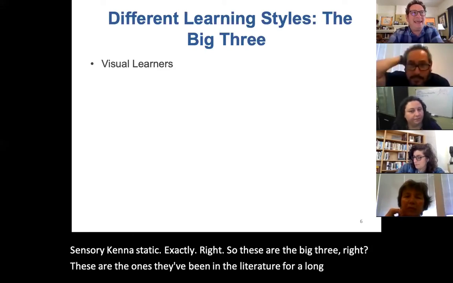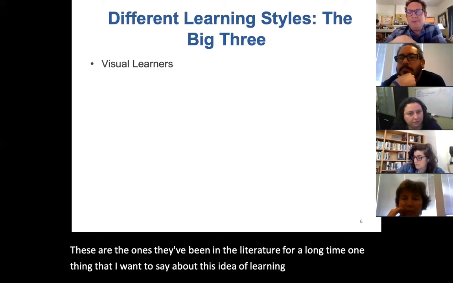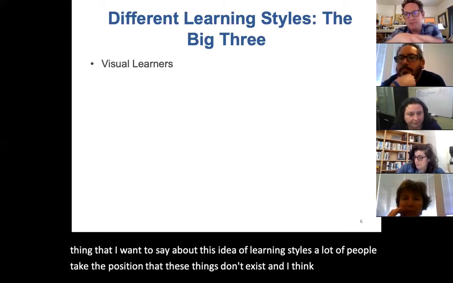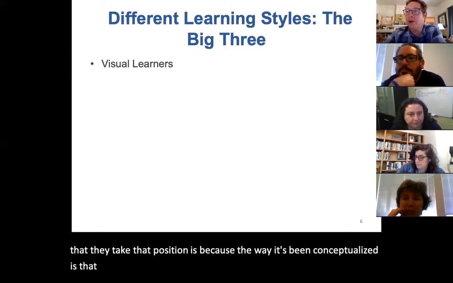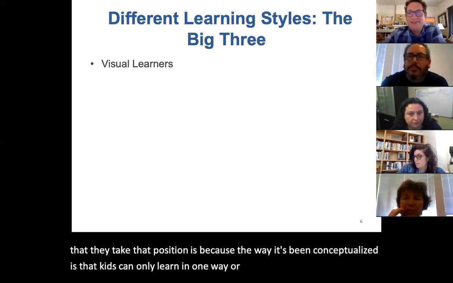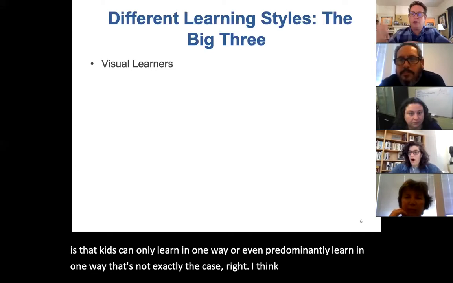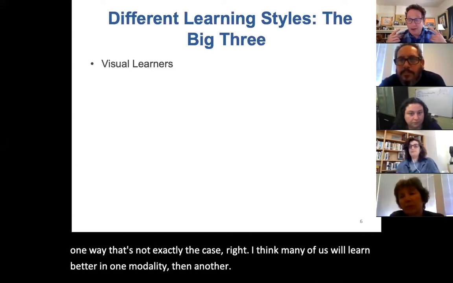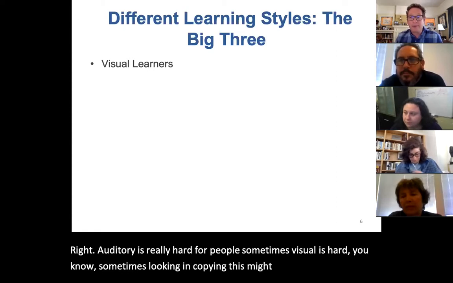One thing I want to say about this idea of learning styles, a lot of people take the position that these things don't exist. And I think the reason is because the way it's been conceptualized is that kids can only learn in one way, or even predominantly learn in one way. That's not exactly the case, right? I think many of us will learn better in one modality than another. Auditory is really hard for people. Sometimes visual is hard, sometimes looking and copying this might be hard or might be really easy, right?